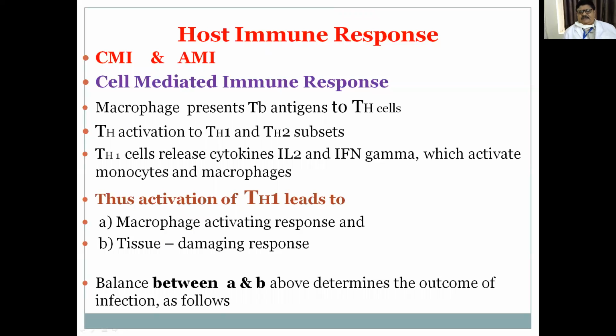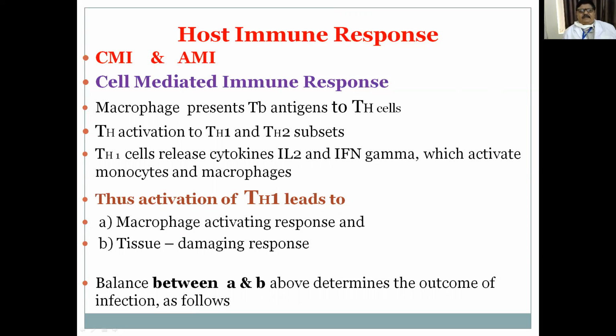TH1 cells release the cytokines IL-2 and interferon gamma. In turn, they activate the monocytes and macrophages. So the activation of TH1 leads to a macrophage activating response and a tissue damaging response. Naturally, the tissue damaging response leads to a lot of destructive things, whereas the macrophage activating response is a protective response.